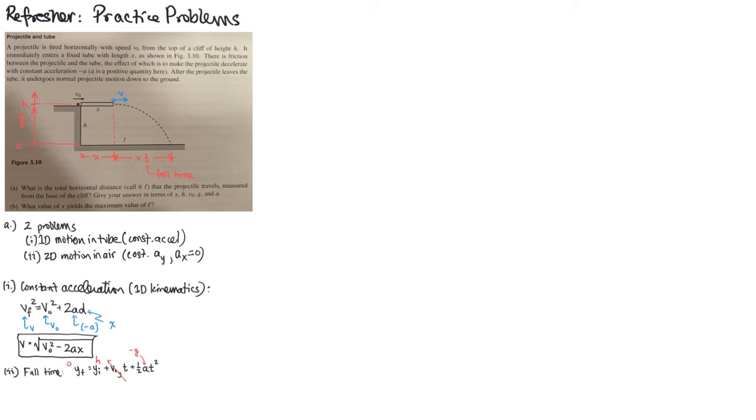Okay, so we can then come back to this equation and start solving. We find 0 equals h minus 1/2 gt squared, or in other words, t is equal to the square root of 2h over g. That's how long it takes for the ball to fall, whether it's shot horizontally or released from rest.